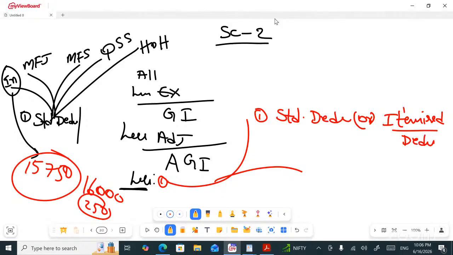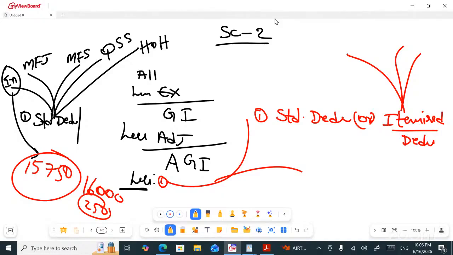These itemized deductions are, suppose, any amount spent by the taxpayer for dental or health treatment, or any interest paid on home loans, or any contribution given to qualified charitable organizations.